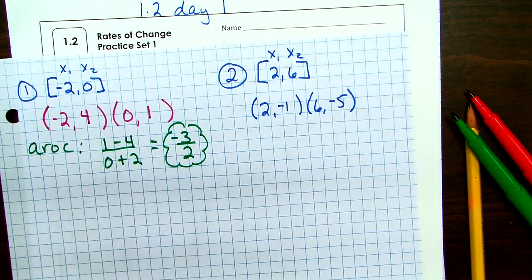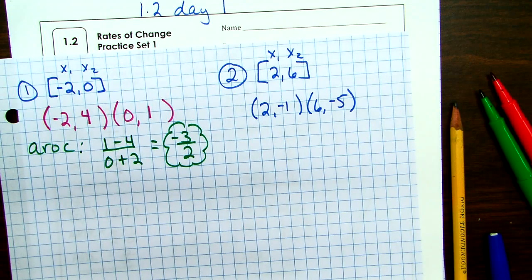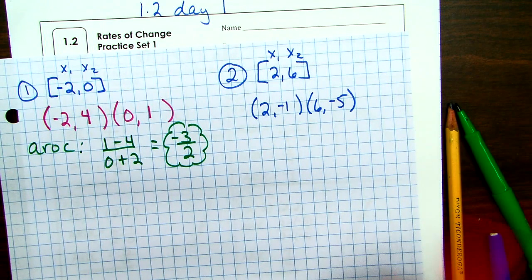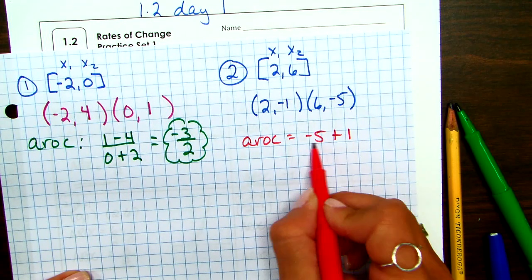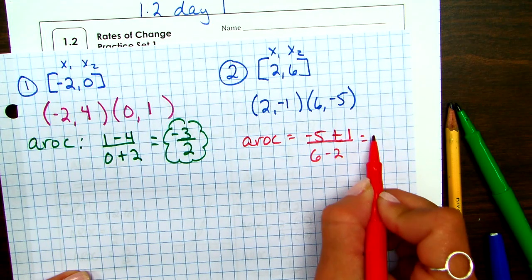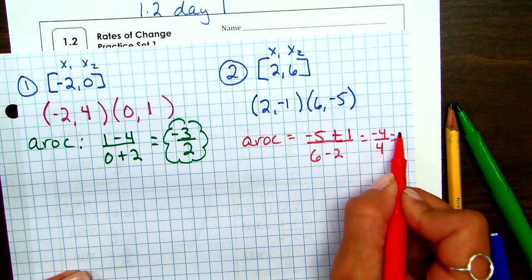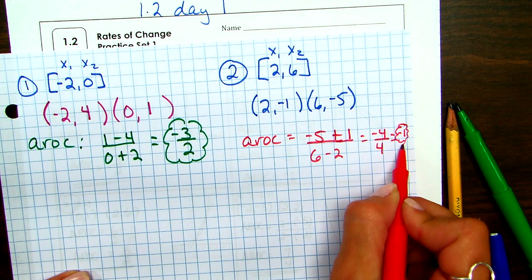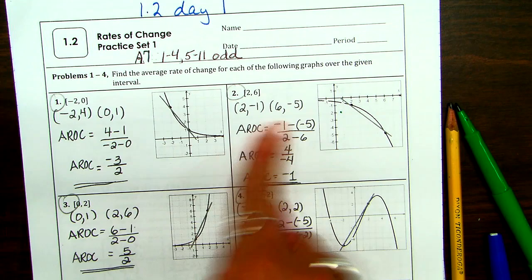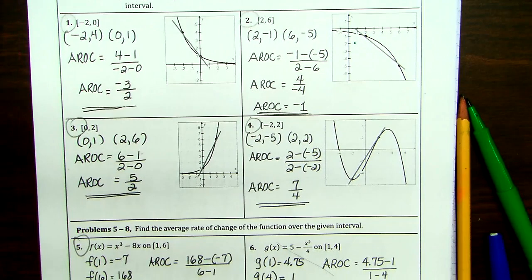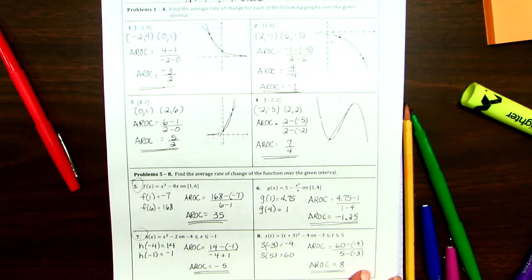So I'm just pulling the points off the graph and then slope. Get this? The work is here too. So 2 more of those and then some like you did.